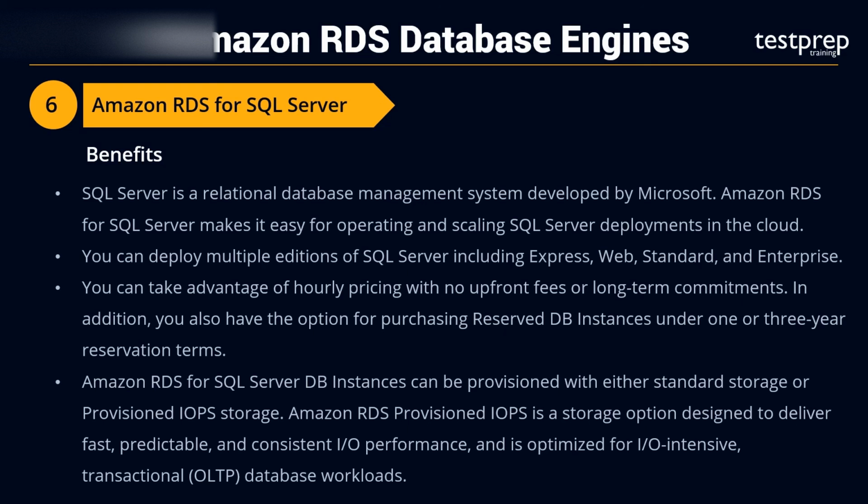You can take advantage of hourly pricing with no upfront fees or long-term commitments, and you can purchase reserved DB instances under 1 or 3-year reservation terms. 4. Amazon RDS for SQL Server DB instances can be provisioned with either standard storage or provisioned IOPS storage. Amazon RDS Provisioned IOPS is a storage option designed to deliver fast, predictable, and consistent I/O performance, and is optimized for I/O-intensive, transactional database workloads.